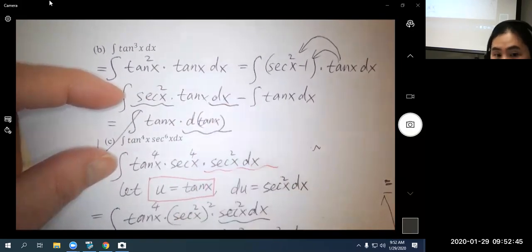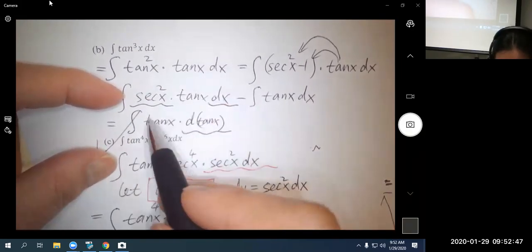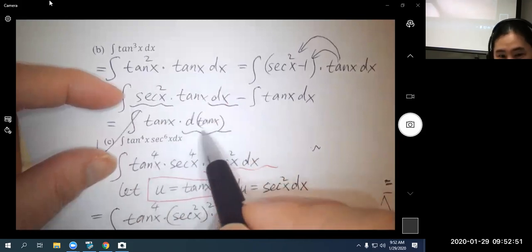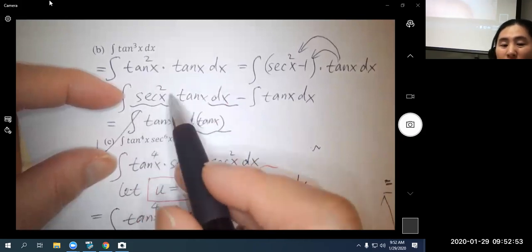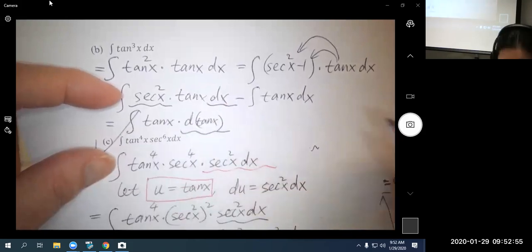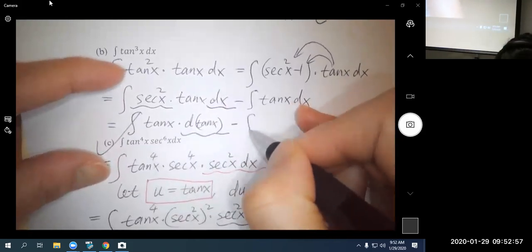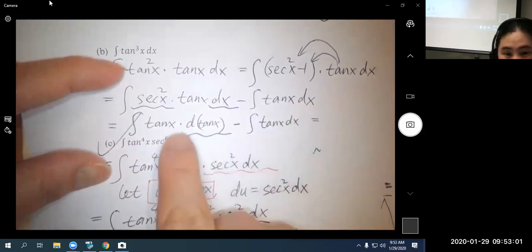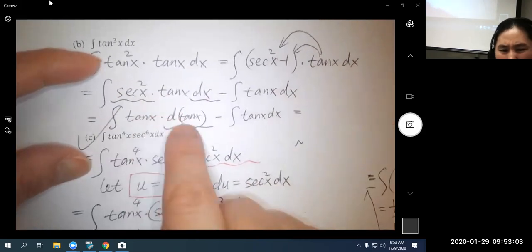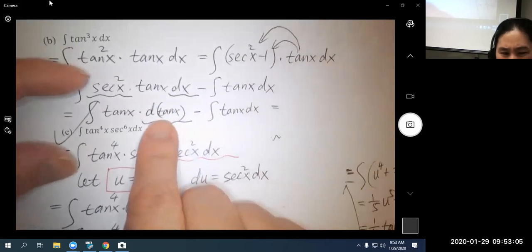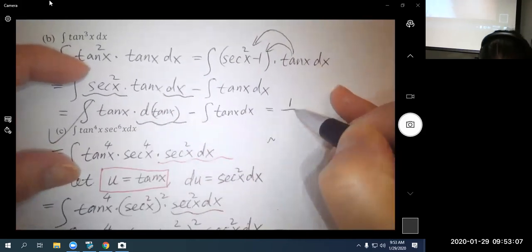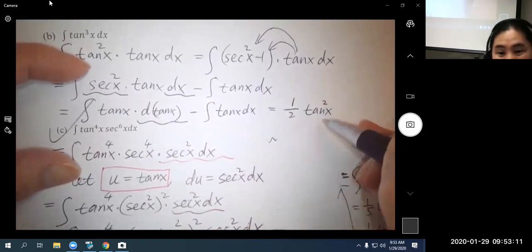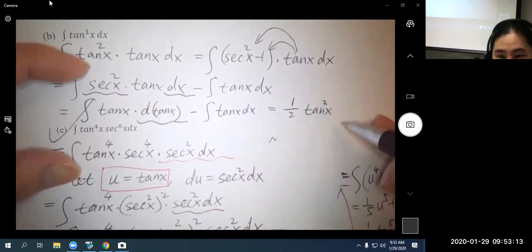Okay, so we're computing the derivative of tangent x. So what will be the antiderivative of this integral? Still subtract the integral of tangent of x dx. What is the antiderivative of tangent of x with respect to tangent of x? 1/2 tangent of x squared, okay?